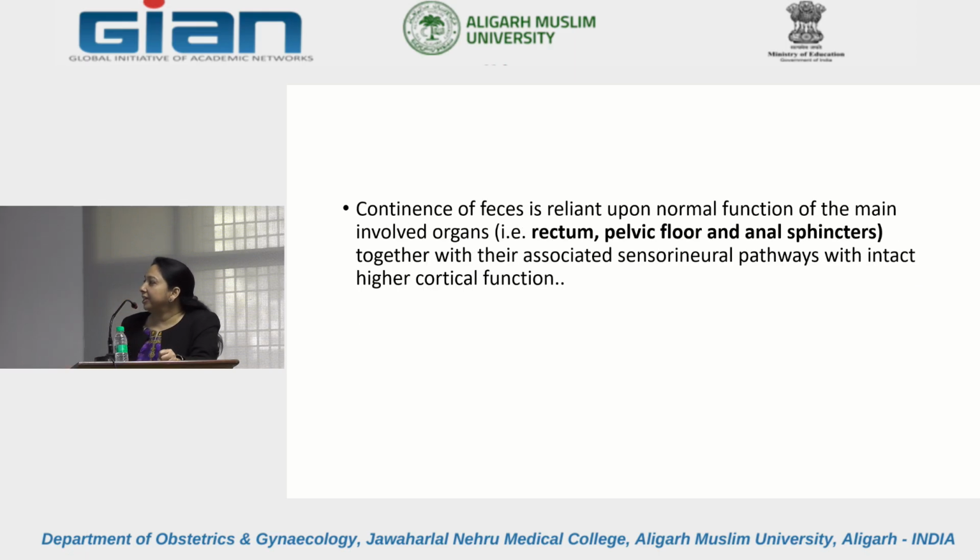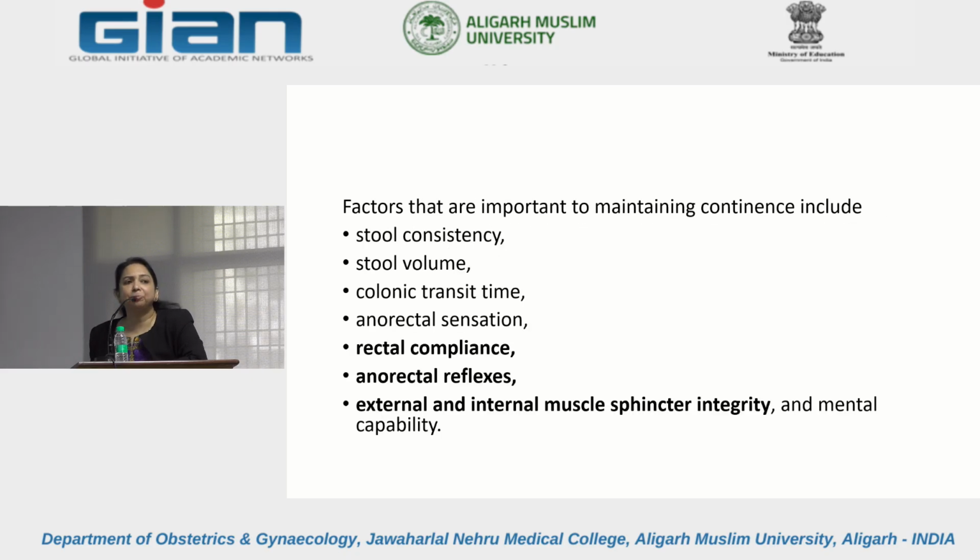It's already been discussed, but for continence, what are the muscles which play a role? These are the muscles and anatomical structures responsible for continence: the pelvic floor and anal sphincter. In the pelvic floor, which muscle? Levator ani. Which part of the levator ani?